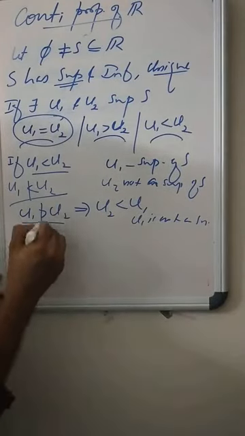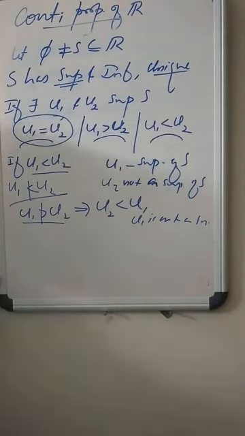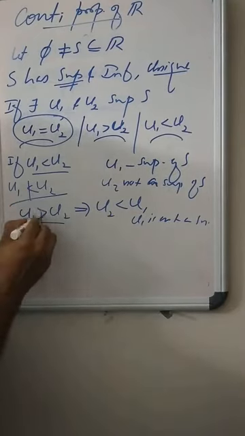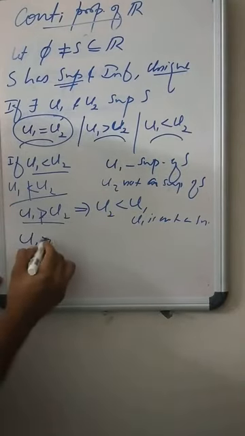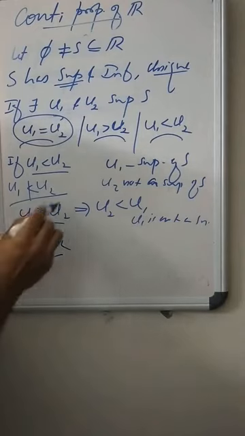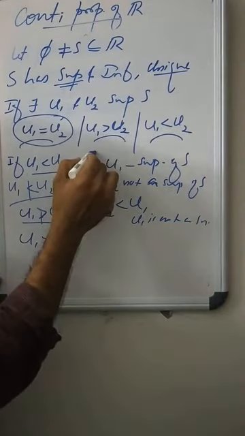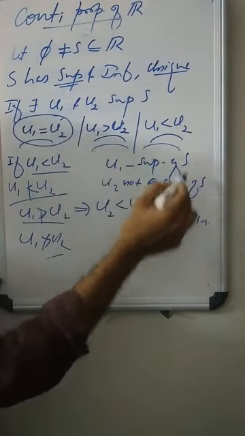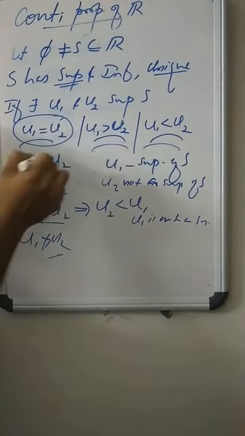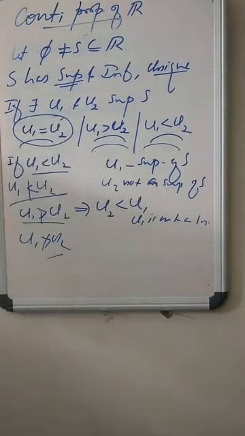So U1 is not greater than U2. So these two conditions are not possible. U1 less than U2 and U1 greater than U2 are not possible, hence the only possibility is U1 equals U2. So the supremum is unique.